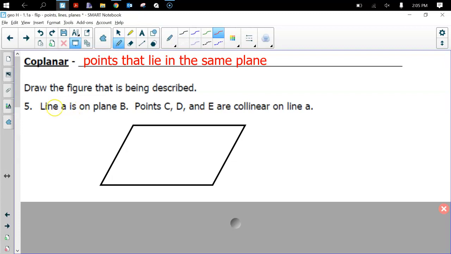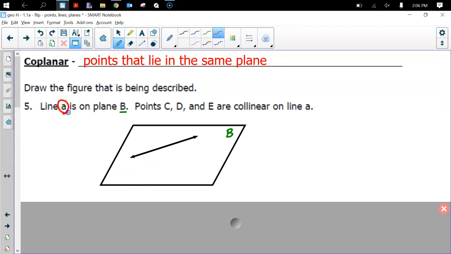So all of this, let's see, line A is on plane B. So here's a plane. We have a single capital letter being used for the name of the plane. So that means that letter does not represent a point. It's a label, goes in one of the corners. Line A is somewhere on this plane. That means within the perimeter of this parallelogram that I drew. All right, there we go.